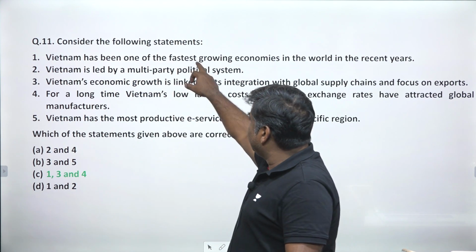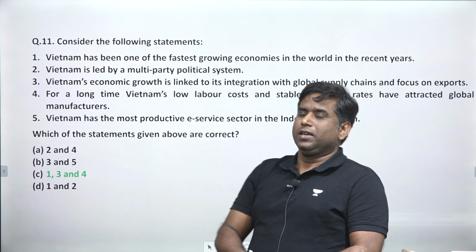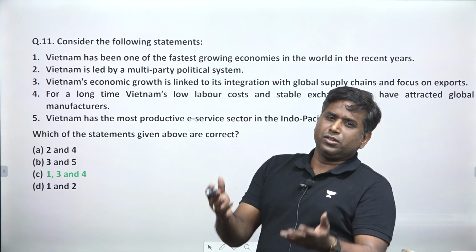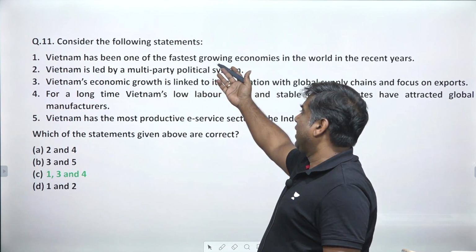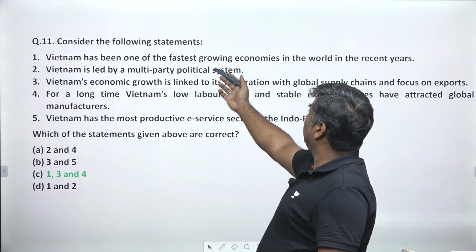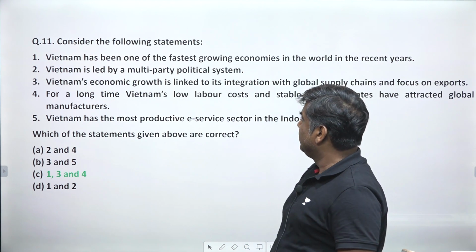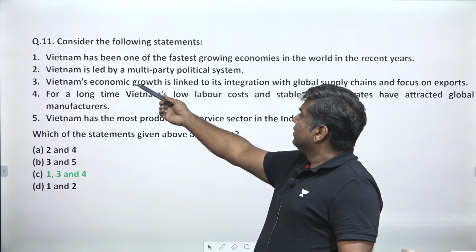So, actually it is a very general statement, and as per our way of understanding, a general statement is correct. Vietnam has been one of the fastest growing, because no comparison has been put there. So, statement 1 is correct.